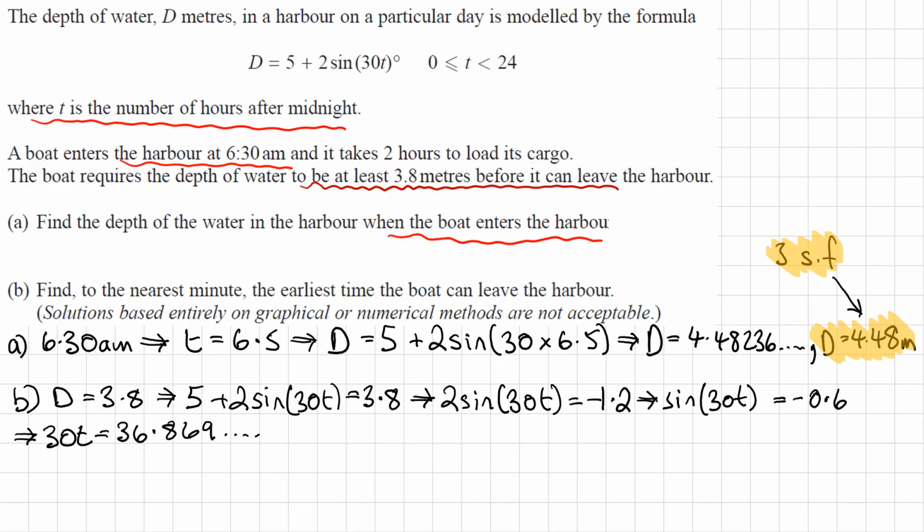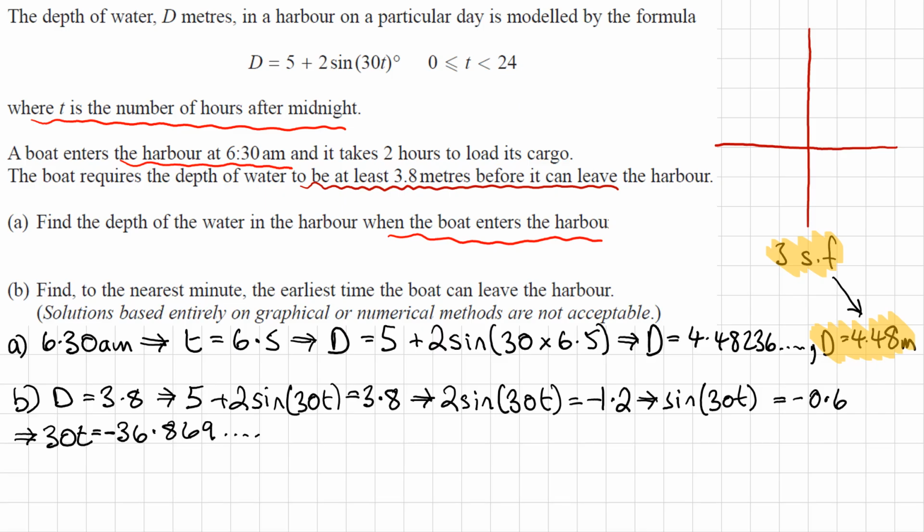Now if I try to solve this for t, I'll get a negative value for t, and that obviously can't be a solution, because you're basically saying the boat needs to leave even before it's arrived, which doesn't make any sense. So this is where I would use a CAST diagram to find other solutions that do make sense.